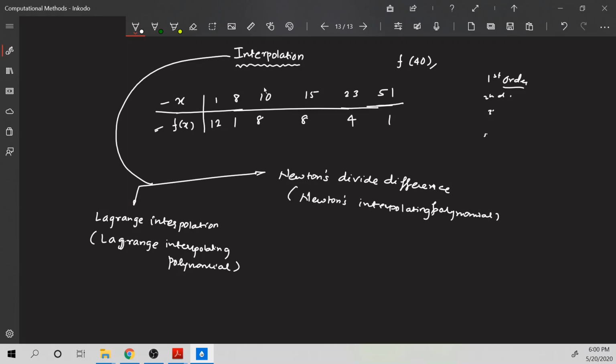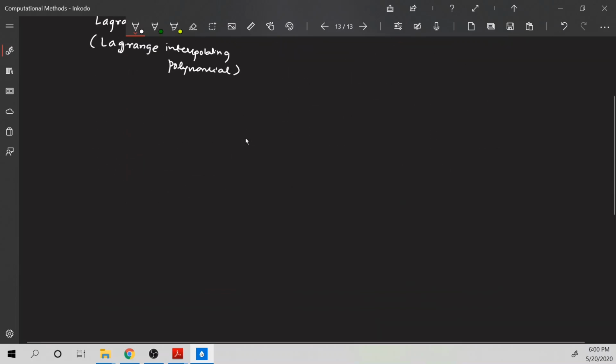So now let us talk about the first, that is Lagrange interpolation.